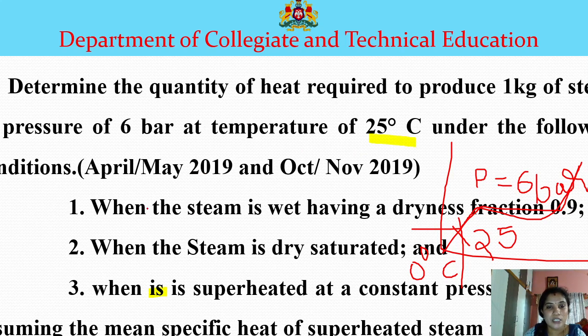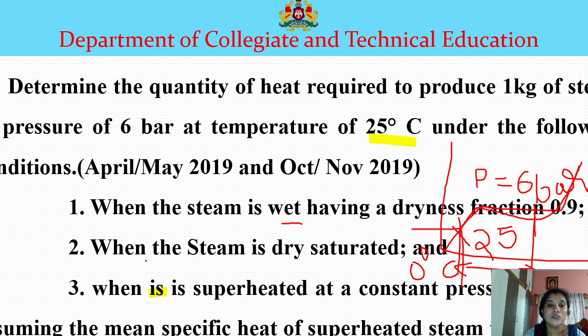They have asked us to find out the 3 conditions. First, when the steam is wet, having a dryness fraction somewhere here. From here to here, I need to find out the enthalpy. What is the enthalpy required to heat the water from 25 degrees Celsius to the dryness fraction 0.9? That is the first condition.